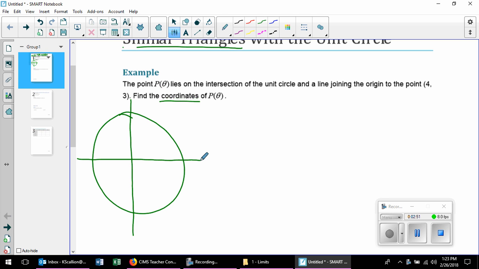No. Because what do we know this distance is? 1. What do we know this distance is? 1. So if it's 4, that means it's going to be outside the unit circle. So we're going to have a point somewhere out here. That's (4, 3).